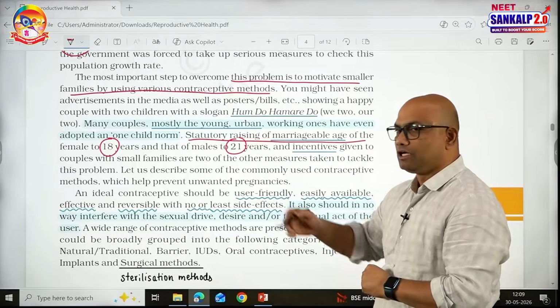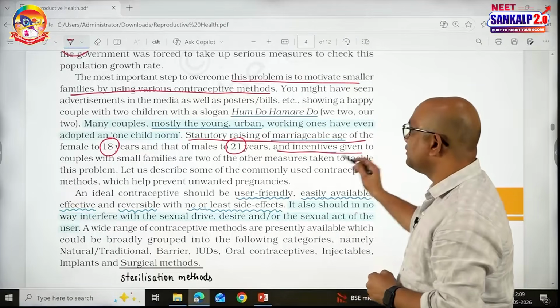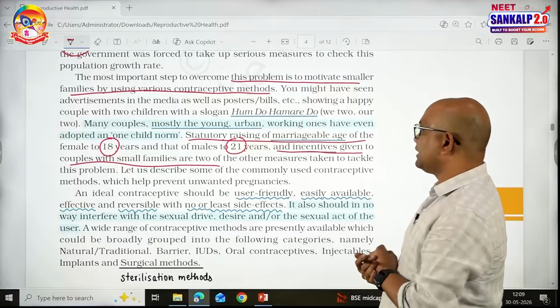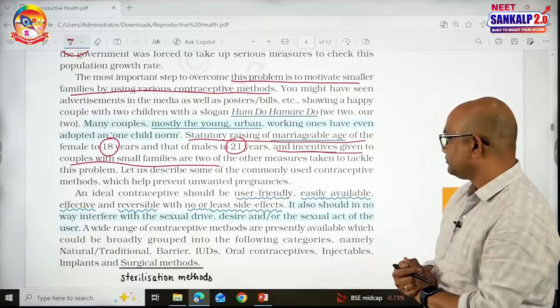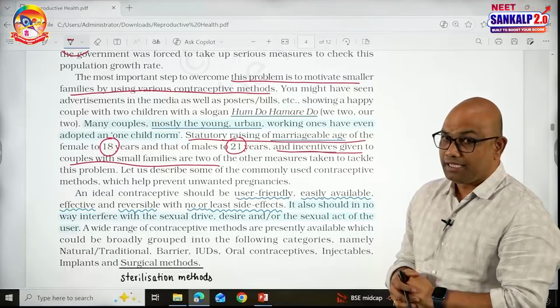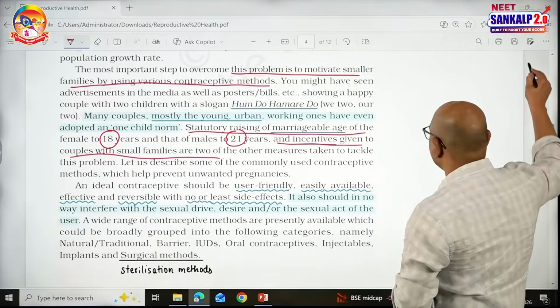That is a measure from the government to cut down the population growth. Also, incentives given to couples with small families are among the other measures taken to tackle this problem, along with encouraging contraceptives. Okay. So now let us discuss some of the important contraceptive methods. And what are the characteristics of an ideal contraceptive method?